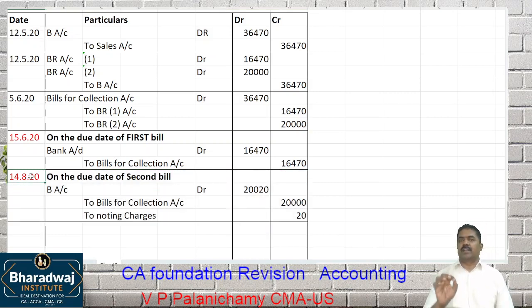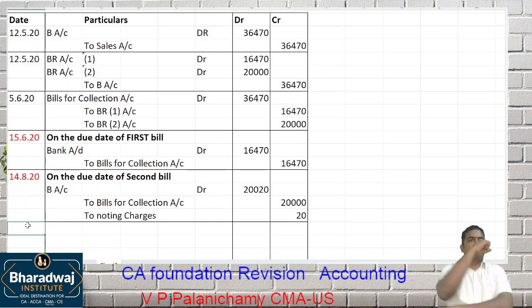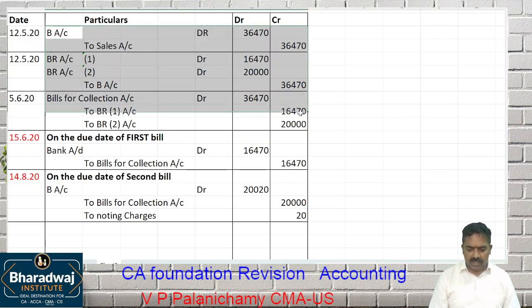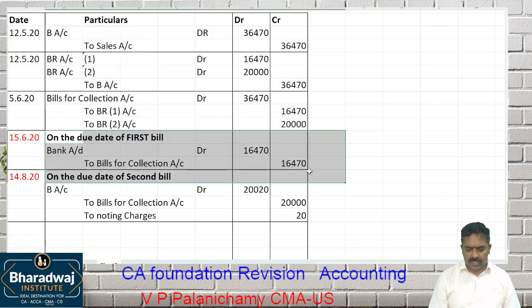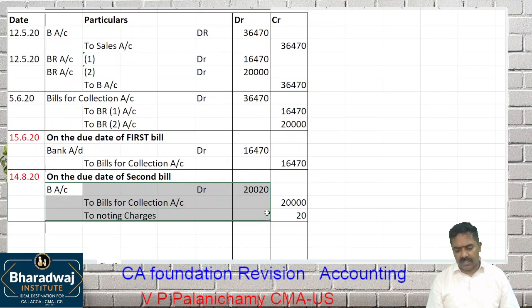If the due date falls on a known public holiday, we have to take what? Previous day. Till this point, any doubt? If there is any doubt, please ask. Sales is made, two bills are drawn, sent for collection. First bill is honored. Second bill, what do we do? Dishonored, including noting charges, 20,020 he has to pay.